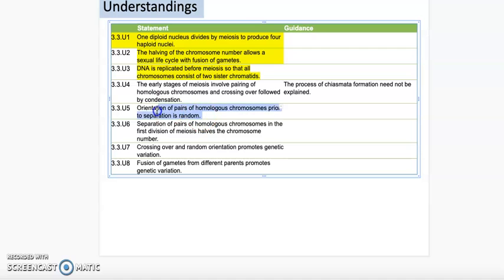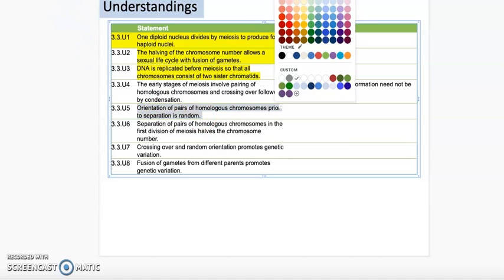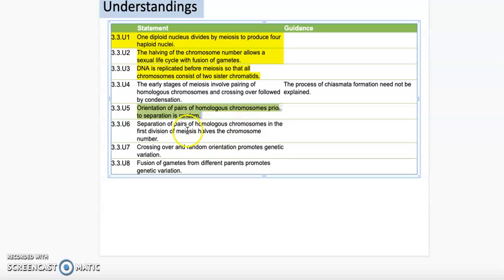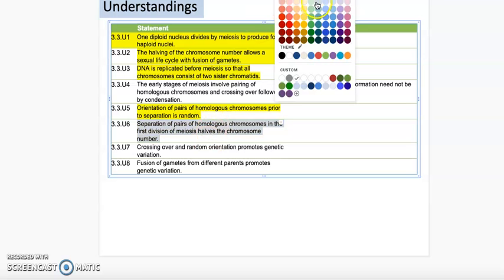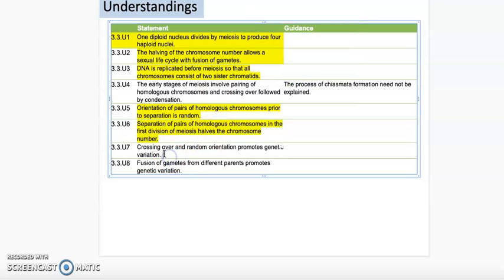Okay, the separation of pairs of homologous chromosomes in the first division of meiosis halves the chromosome number. We did talk about that, right? In detail. Crossing over and random orientation promotes genetic variation. Okay, we're going to get there, to crossing over and random orientation.